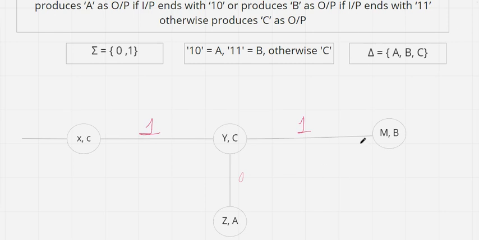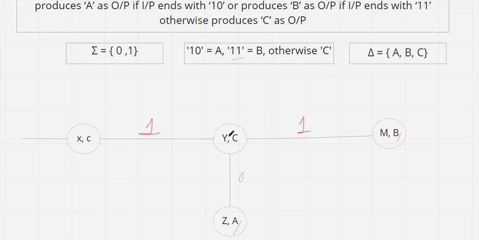Now if you look at the scenario, I have named the states as X, Y, Z and N. As I told you, if the input string is 1, 1, the output will be B. It's working perfectly. If the input string is 1, 0, the output will be A. So always first draw with the restriction part, then we will move on to all the strings.